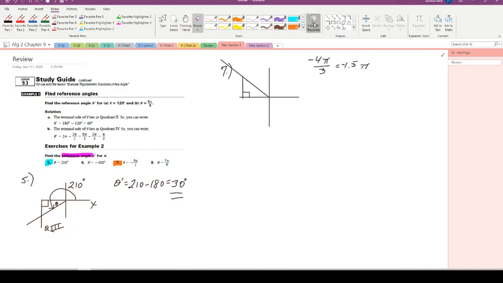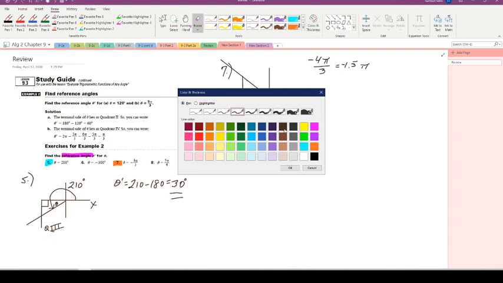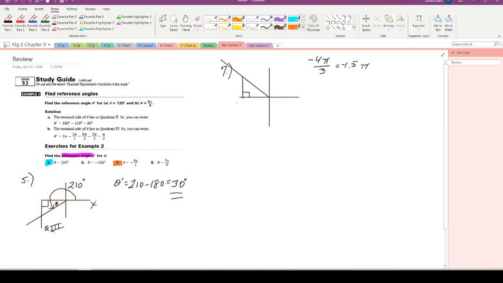Then I'm going to draw my theta, which is going to be here. Now remember that the angle is negative, so it went this way, because it's negative 4 pi over 3.